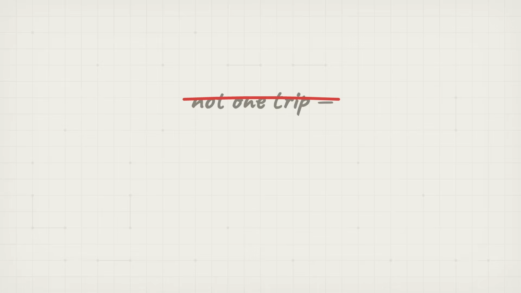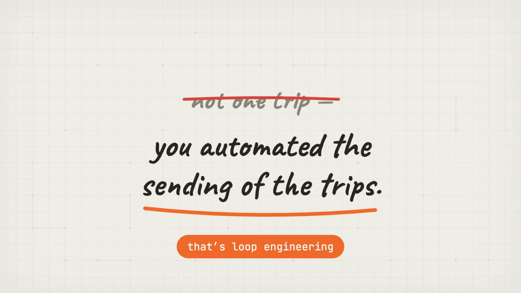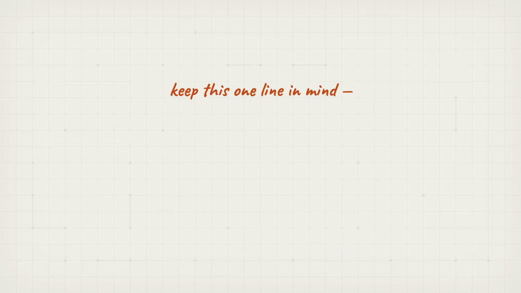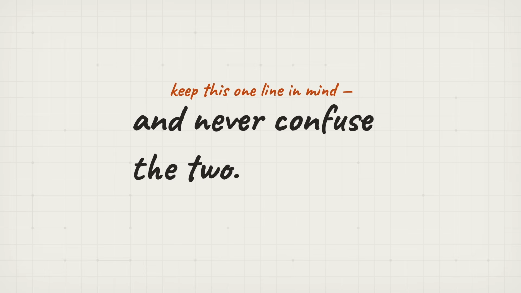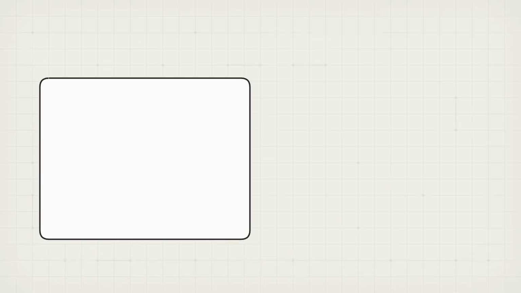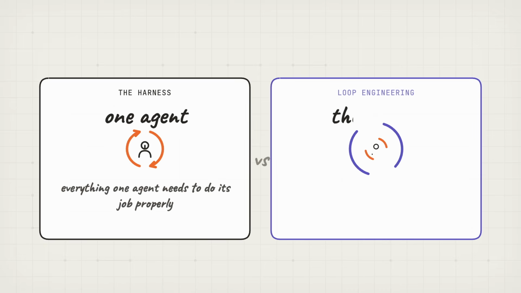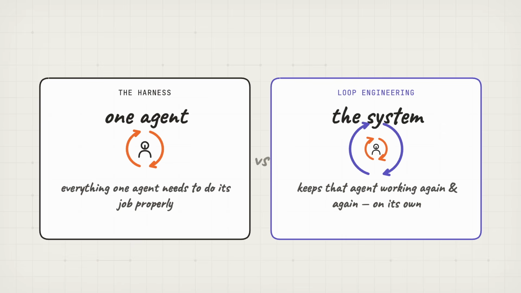So you did not just automate one trip, you automated the sending out of the trips. So just keep this one simple line in your mind and you will never confuse the two again. The harness is everything that one agent needs to do its job properly. And loop engineering is the system that keeps that agent working again and again on its own without you sitting there and starting it every single time.